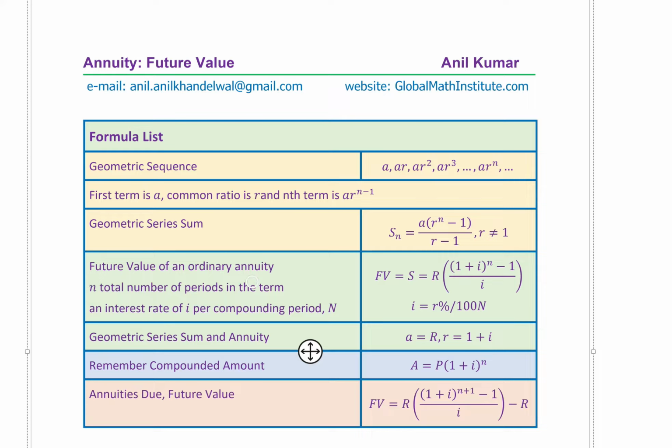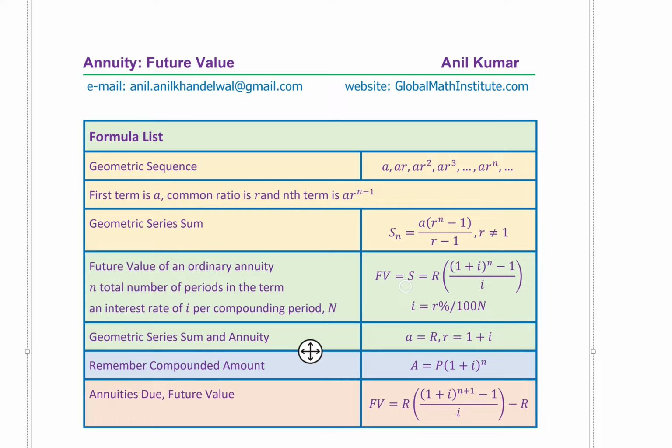Future value of an ordinary annuity, where n is the total number of periods in the term and interest rate is I per compounding period. When we say compounding period, it is the interval within a year, so we divide by the number of intervals within a year.